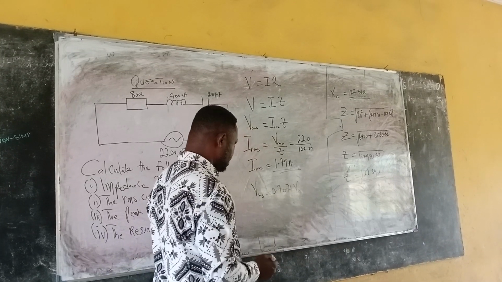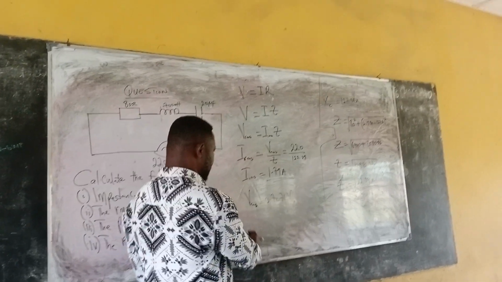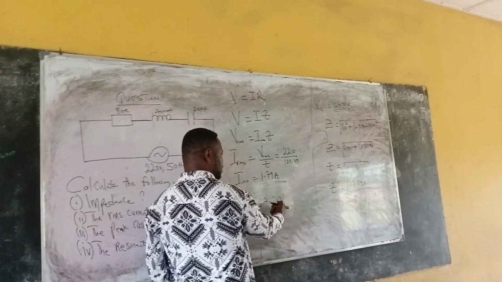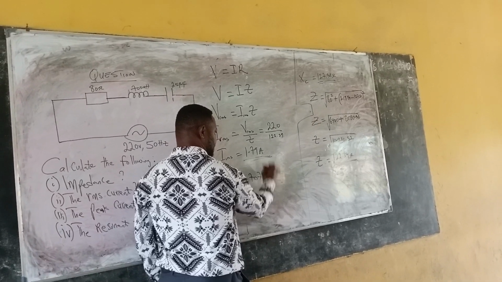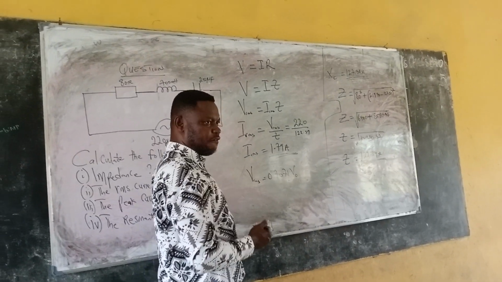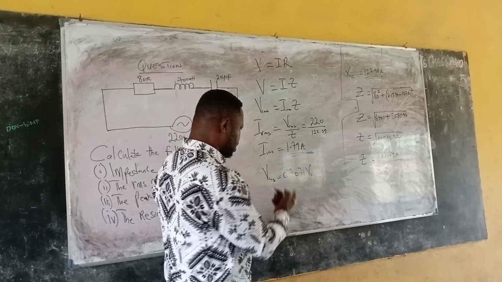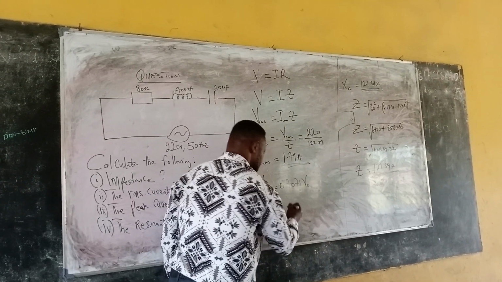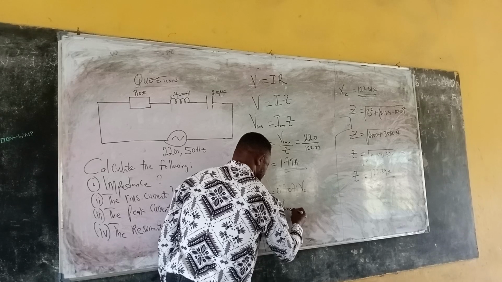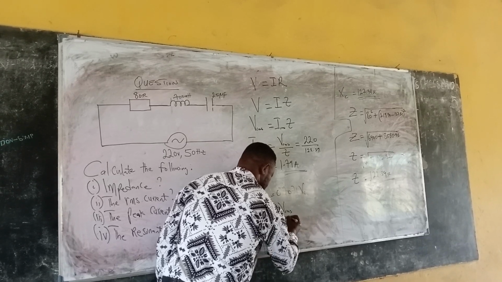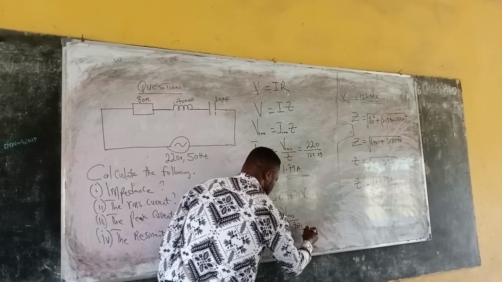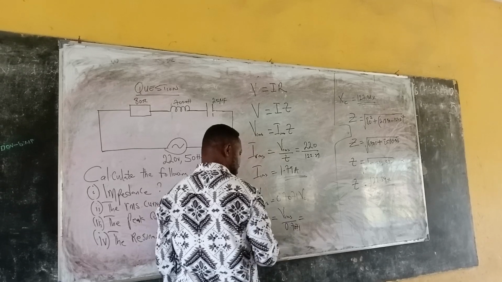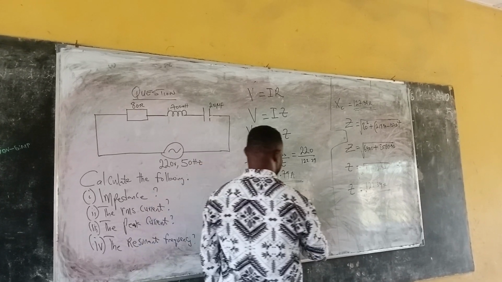Is that okay? If VRMS is given as 0.7071 V naught, you can make V naught the subject of the formula. If you make V naught the subject of the formula, it means that our V naught will be given as VRMS all divided by 0.7071, which in this case is going to be given as our VRMS is what?